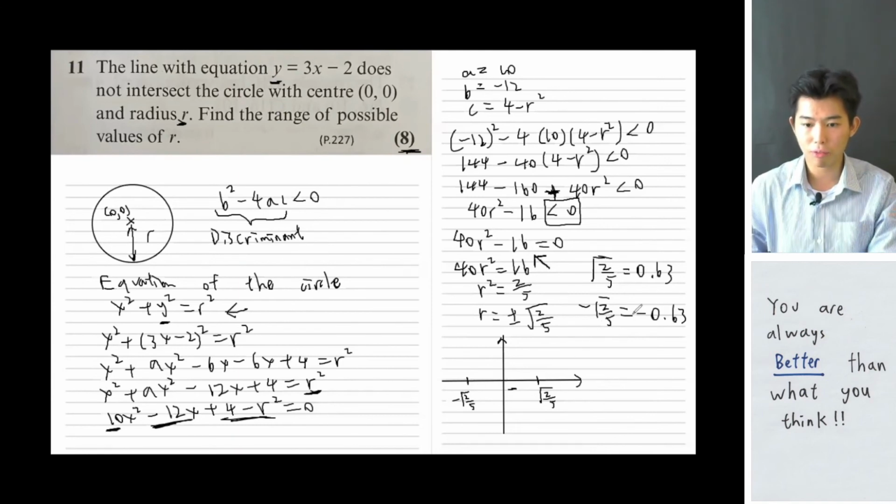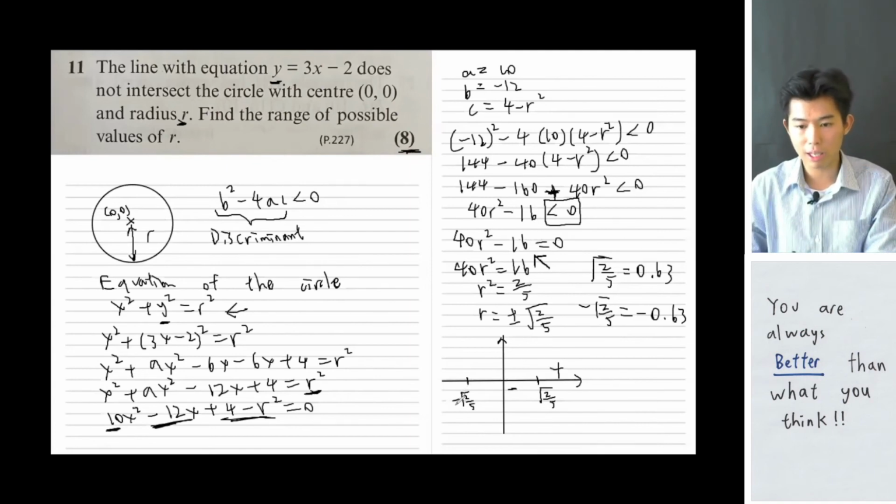And for a value that is larger than 0.63, let's assume I put 10. 10 is way larger than 0.63. 10 squared is 100, times 40 would be 4,000. 4,000 minus 16 would be 3,000 something, so it would definitely be positive.